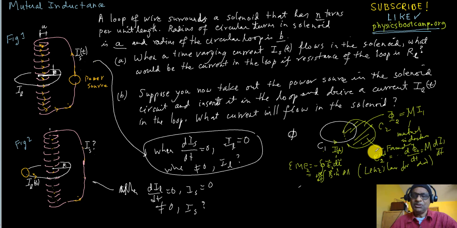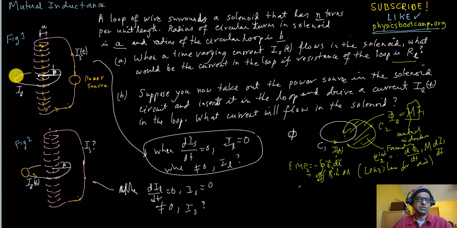I explained that you have to figure out how to get the mutual inductance, and I'll do all of that out here in this situation. Once you get the mutual inductance, you can get the induced EMF, and from the induced EMF you can get the current, because the resistance is R_L.